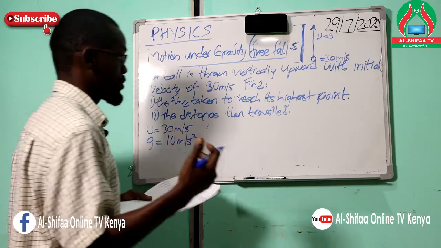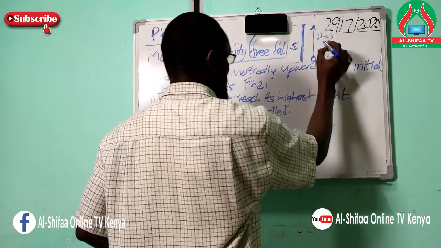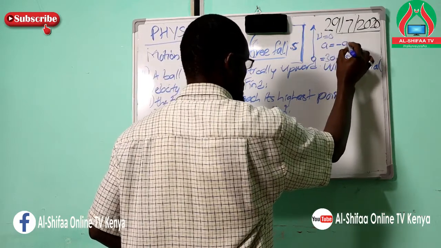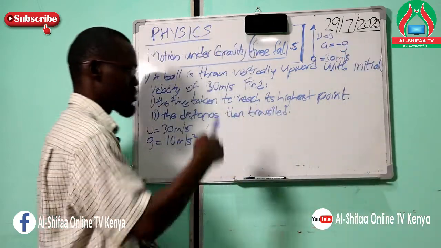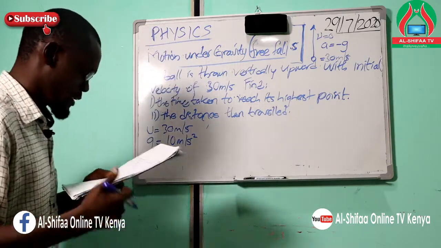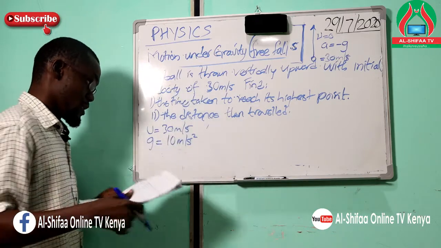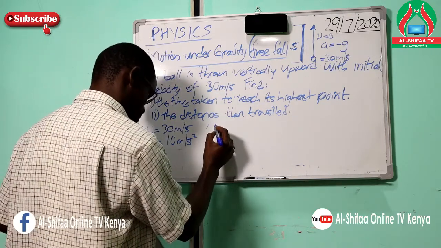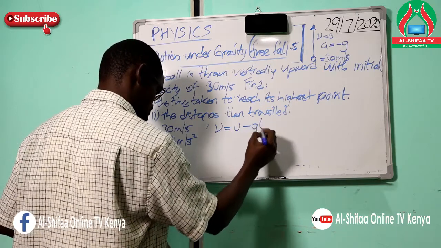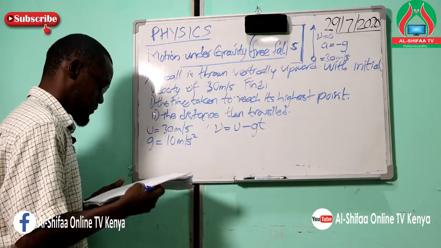And also we have to note that since it is going against gravity, our acceleration will be equal to minus g. So the kinematic equation we'll use is v is equal to u minus g t.